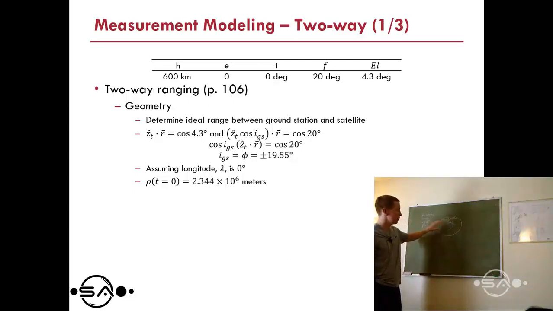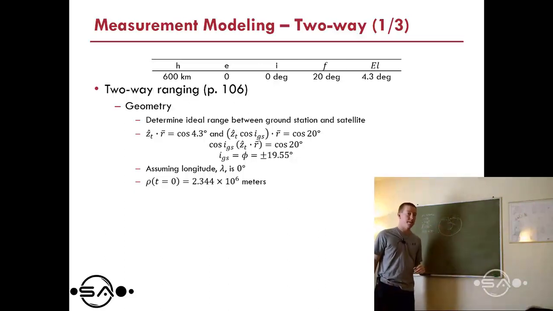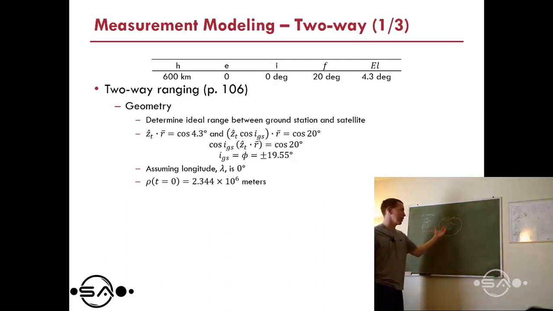But the elevation is at 4.3 degrees, which means the ground station is not going to be on the equator. It's going to be either elevated or projected at a different point in order to make those angles work, because the 20 degrees is going to go down to where the satellite is, or up, depending upon your orientation. And the 4.3 degrees is just an elevation angle with respect to the plane that the ground station makes with the local horizon.